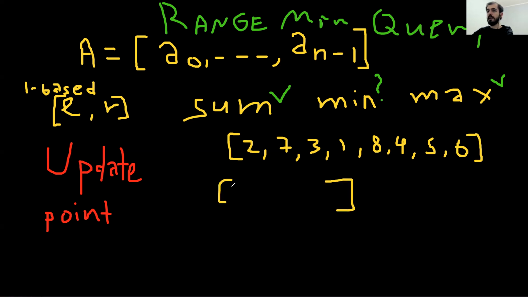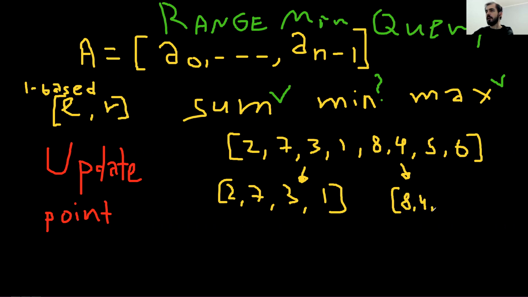So here you will get 2, 7, 3, 1. That bracket is way larger than it needs to be. So that's first half. And the other half will be 8, 4, 5, 6. And then it does the same thing again.